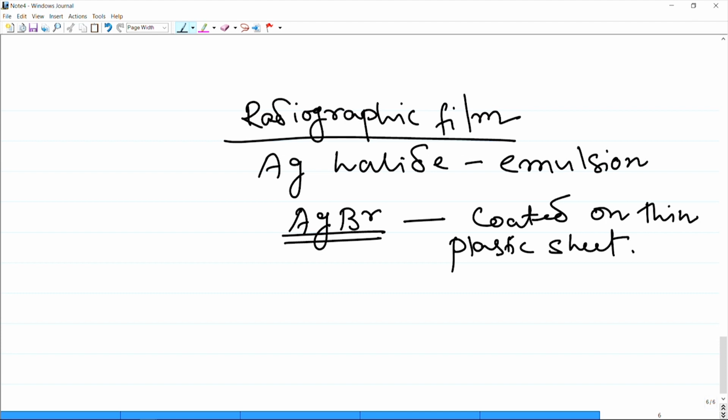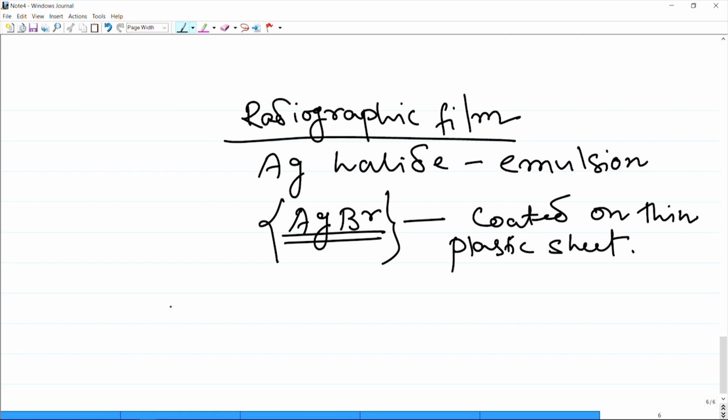And the reason why it darkens is these silver bromide particles that you have. This silver halide, or silver bromide, is a material which can easily interact with X-rays, and when they interact, some of the X-ray energy will be absorbed by this material, and due to that the bond between silver and bromine will be broken and silver ions will be liberated.